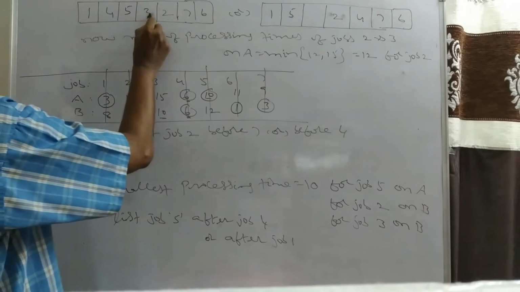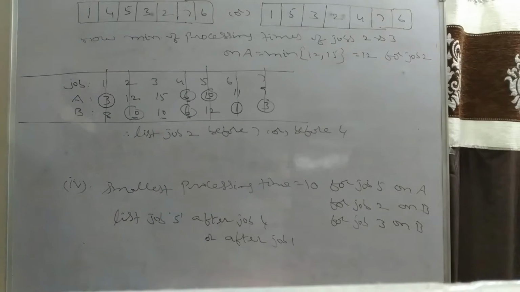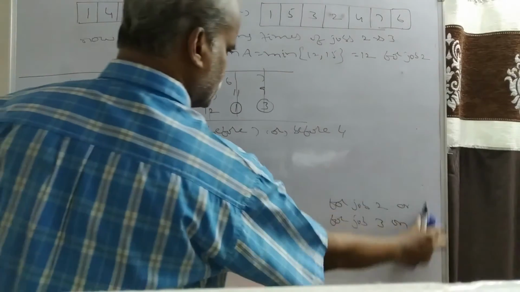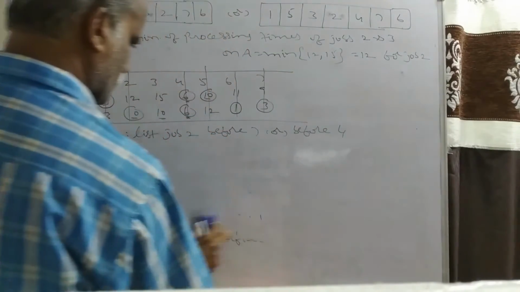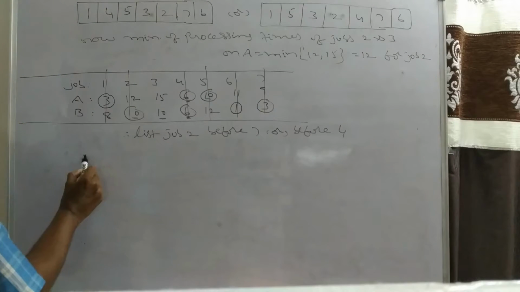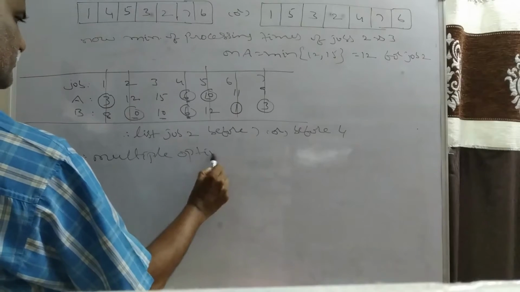Okay, this is 3. So we have multiple optimal sequences here.